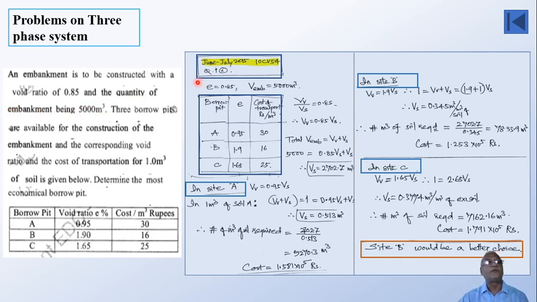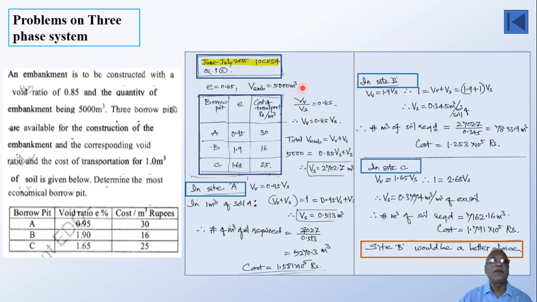I have noted down that information here while solving. You should not go on reading everything. Whatever one or two sentences you read, you should make out what is there in that. So e, the voids ratio, is 0.85 and embankment volume is 5000 meter cube.